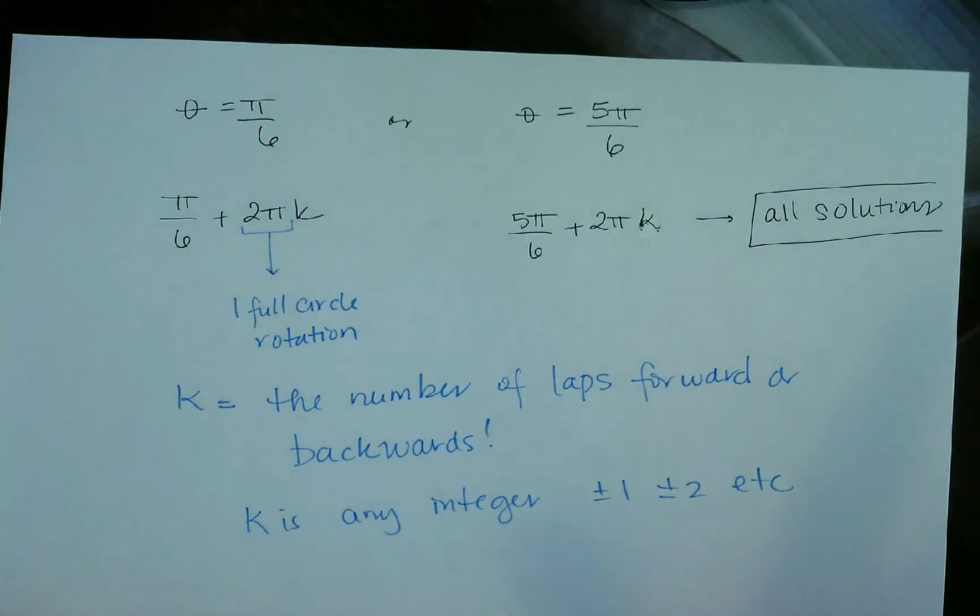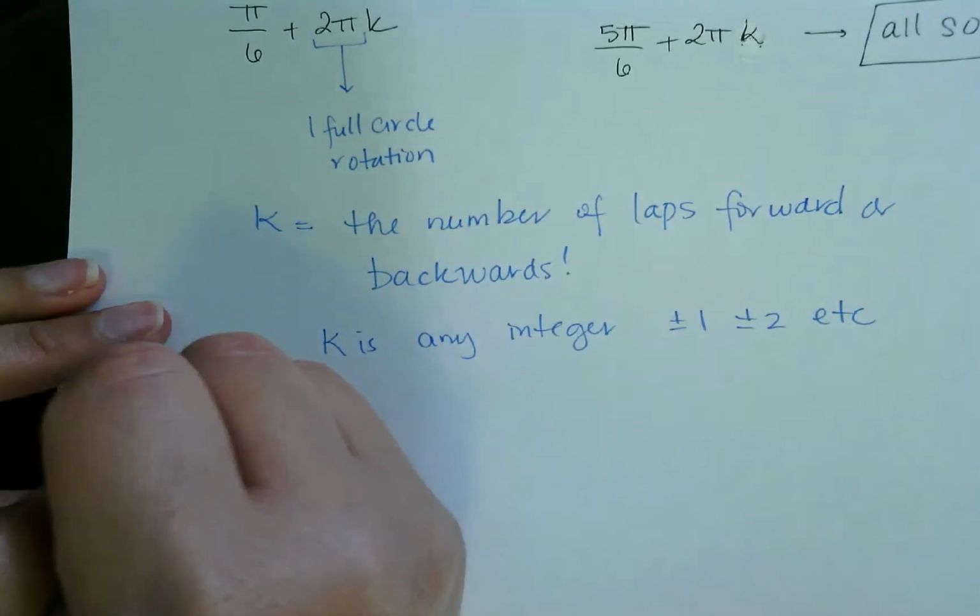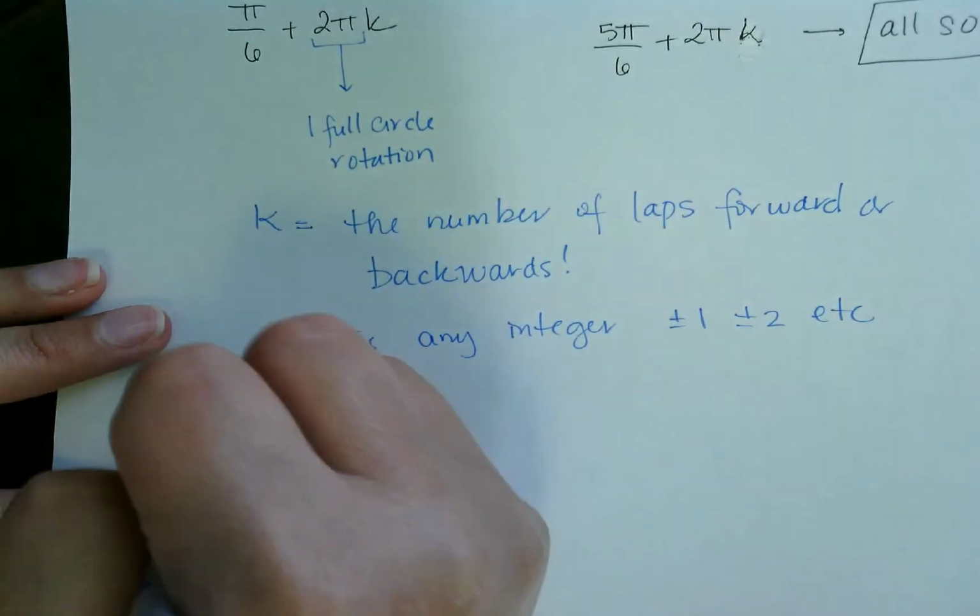Alright, here's B. So same direction, solve cosine of x, or theta, whatever variable you want, doesn't matter, equals square root of 2 over 2.